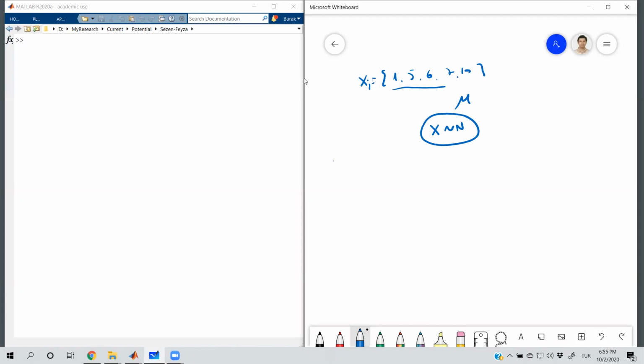Or we may ask the question, again from this sample, find the 95% confidence interval, upper and lower confidence bound for sigma square. And for the chi-square distribution, it is even more important, compared to the t distribution in the confidence interval formula, that x should be normally distributed.